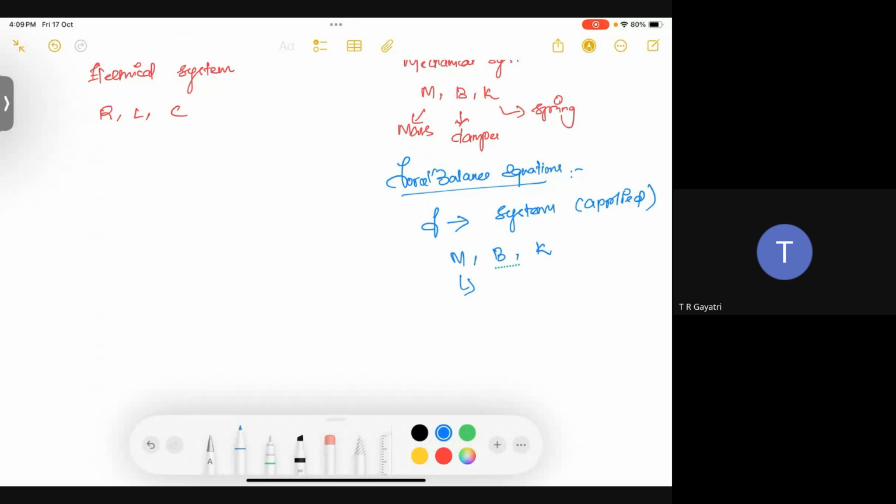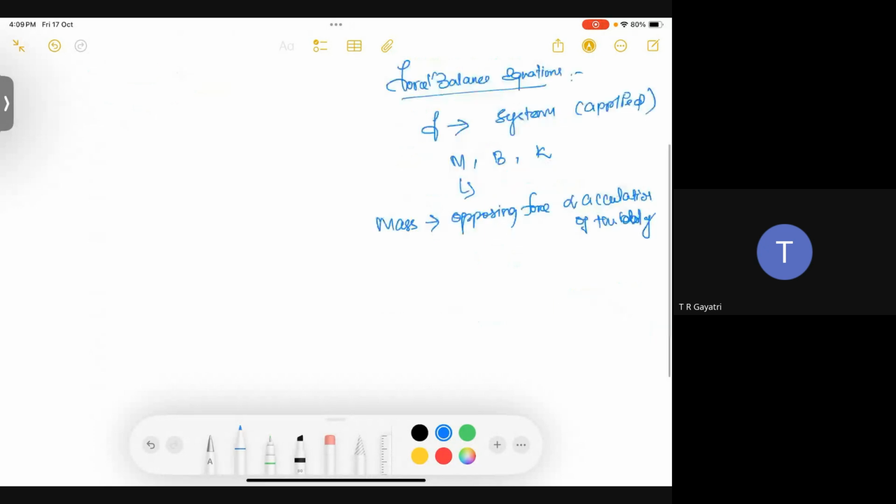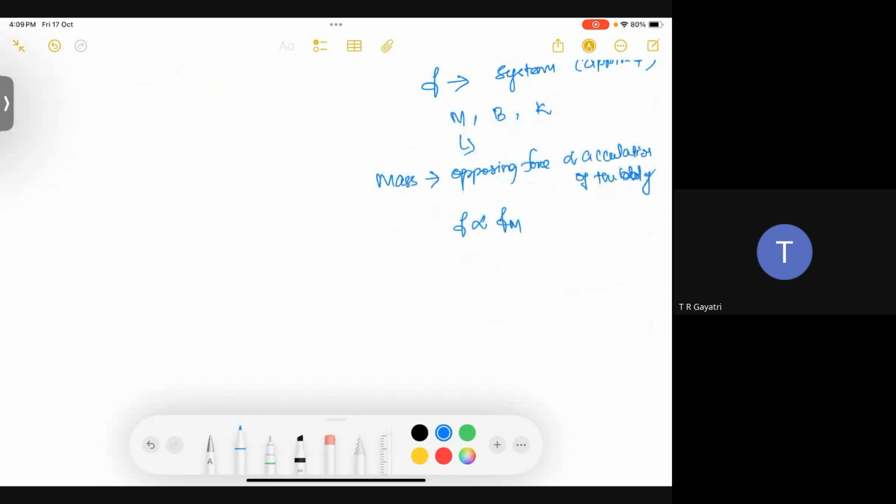Mass will offer an opposing force which is proportional to the acceleration of the body. So this will be proportional to Fm, the opposing force acting on the mass, where Fm can be redefined as d squared x by dt squared.